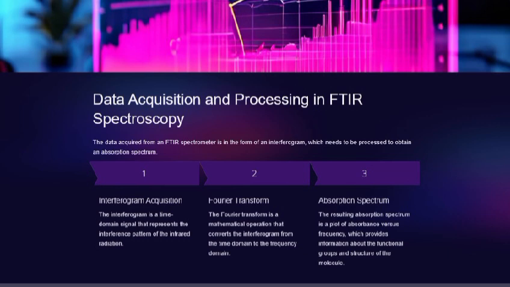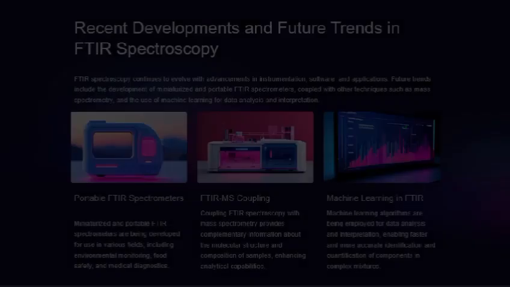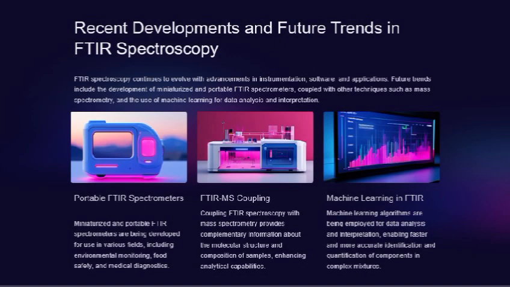Fourier transform is a mathematical operation that converts the interferogram from the time domain to the frequency domain. The resulting absorption spectrum is a plot of absorbance versus frequency, which provides information about the functional groups and structure of the molecule.